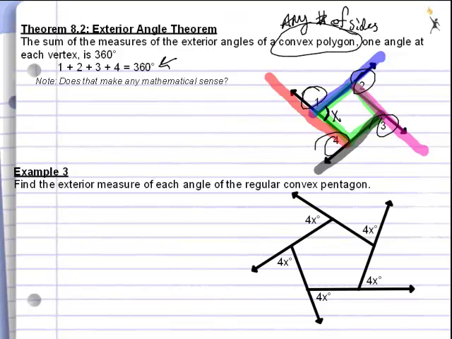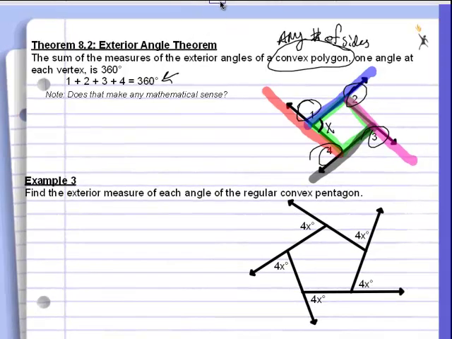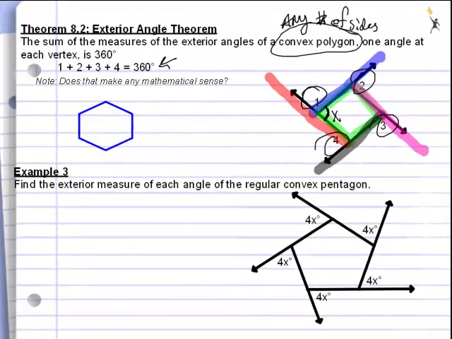If I draw a quick, let's call it a hexagon, something with 6 sides, and I take all of these sides and draw straight lines out of them, call that 1, 2, 3, 4, 5, and last but not least 6.